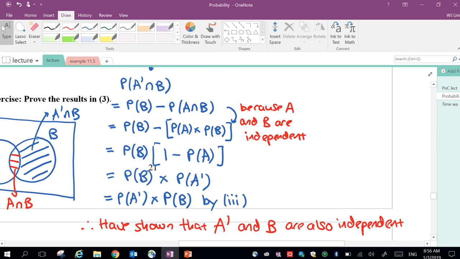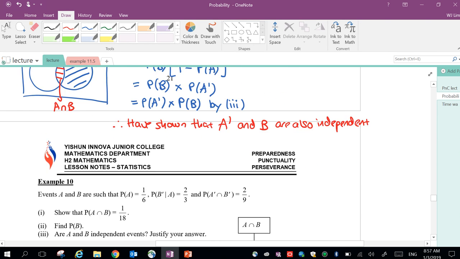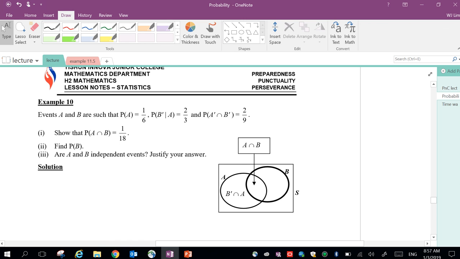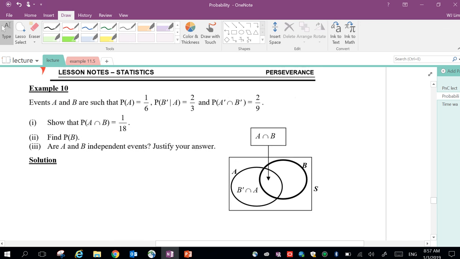If you are interested, just to let you know. All right, so please take note. I'll move on to examples 10, 11, and 12. Okay, we are on course.